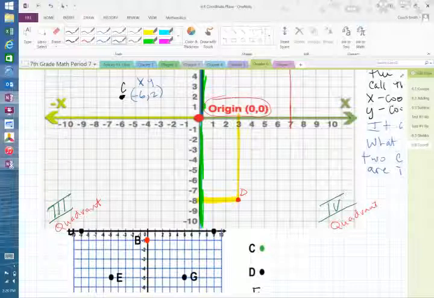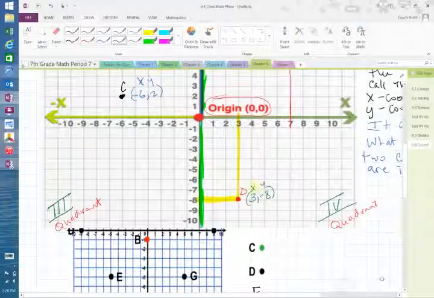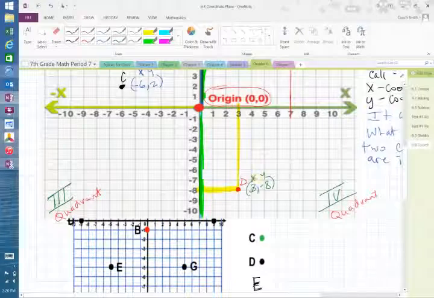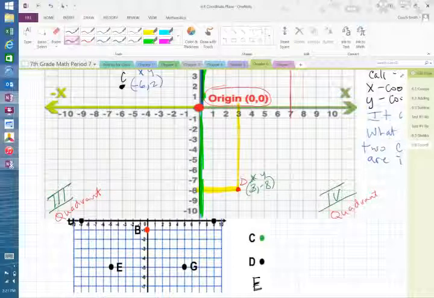So the coordinates of that point would be 3, -8. Once again, this is the X, and that's the Y. If we had a point in quadrant 3, right here, we'll call that point E, and that would be -3, -3.